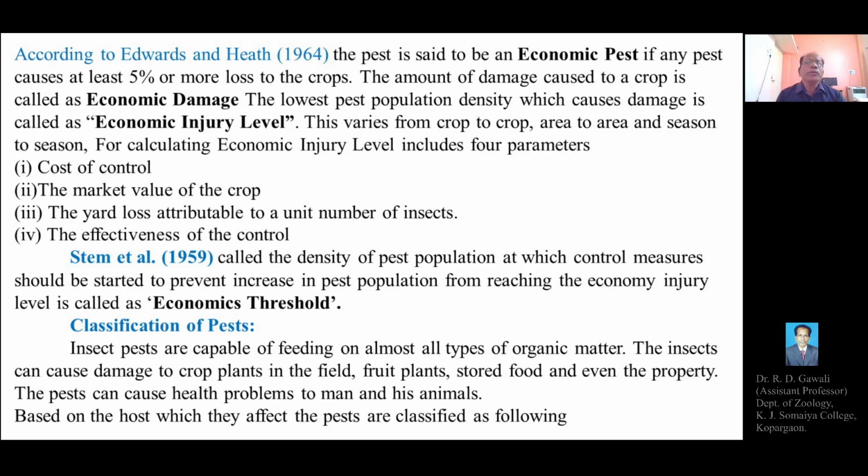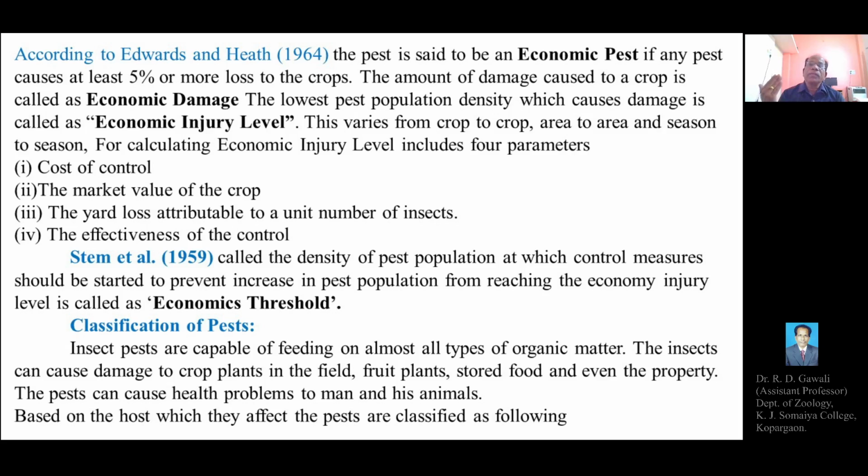I will repeat the same things again. According to Edwards and Heath in 1964, a pest is said to be an economic pest if it causes at least 5% or more loss to the crops.